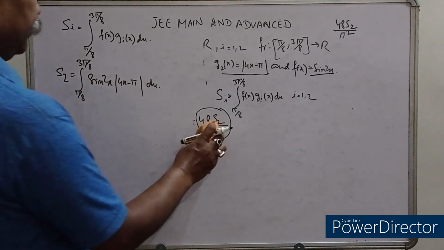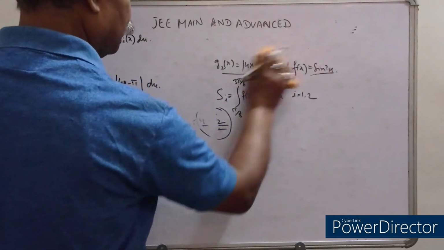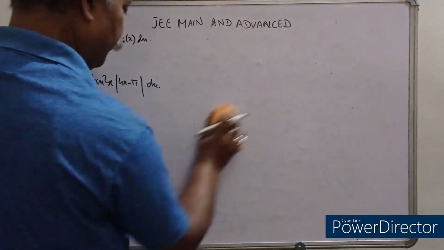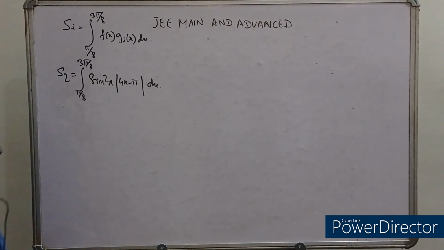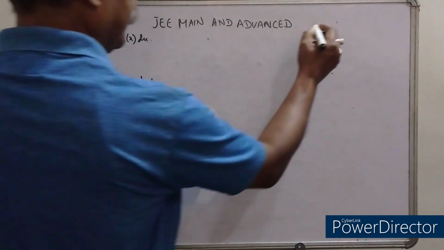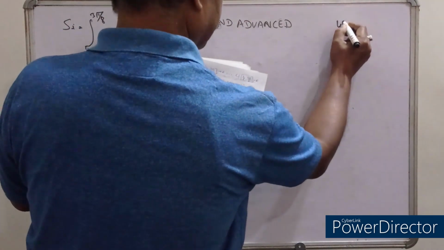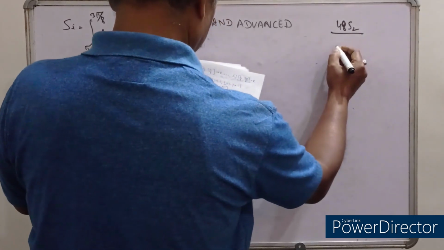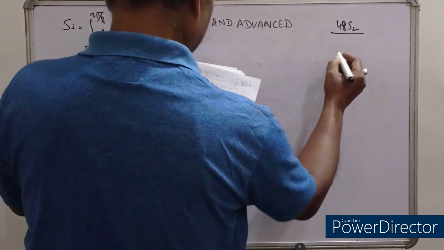How to solve it? Let us see how to solve this. We require 48 S2 by pi square.